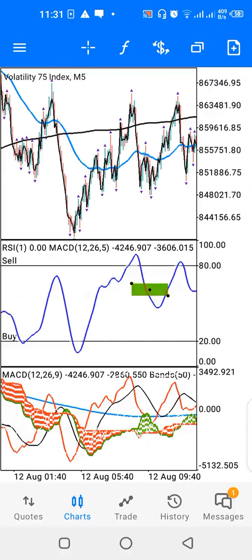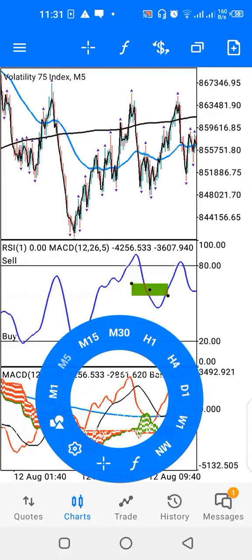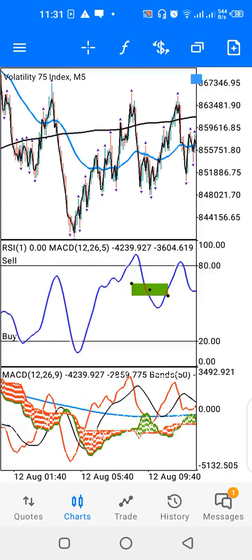Okay, so let's see how it works for you to place your buy entry. When the red and the black lines cross above the Ichimoku, or cross above the blue line. What's our blue line?